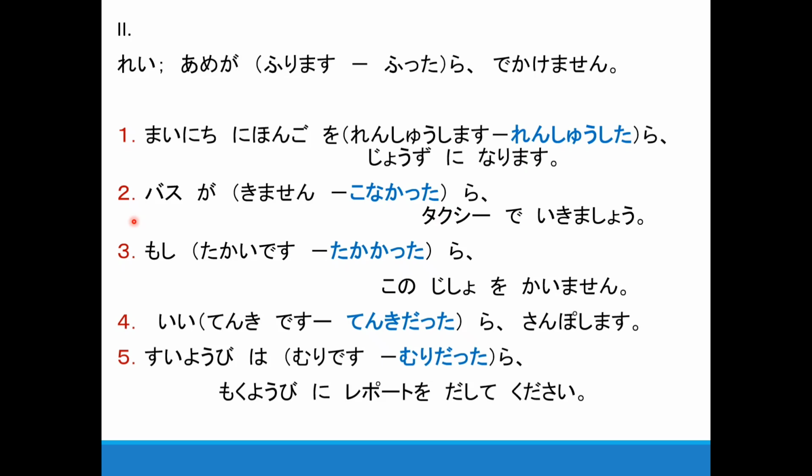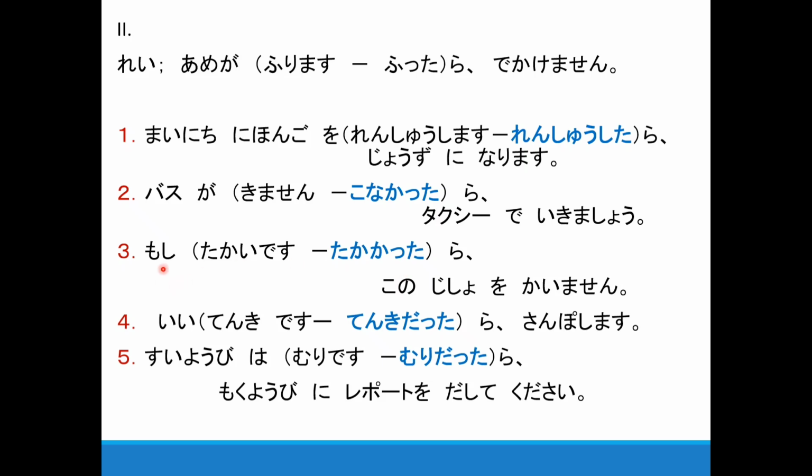Next, number 2: バスが来ませんらタクシーで行きましょう。来ません plain past form is 来なかった。バスが来なかったらタクシーで行きましょう。Number 3: もし高いです。高いです past form is 高かったです。Plain past form is 高かった。The desu will be omitted.